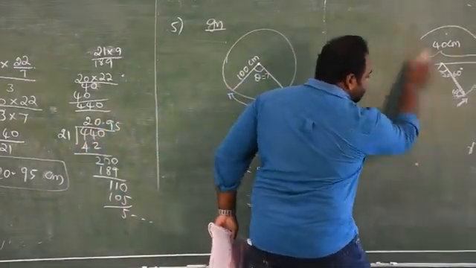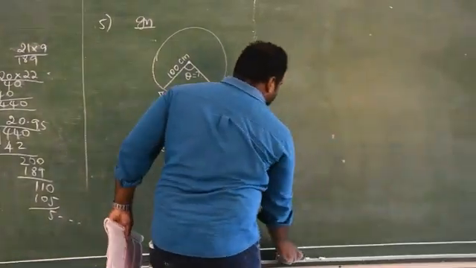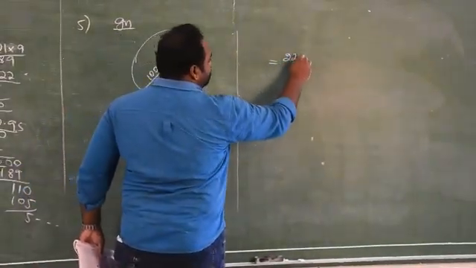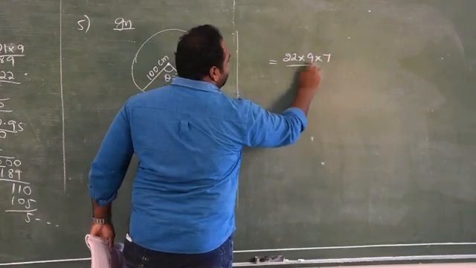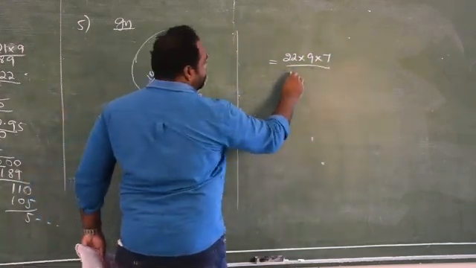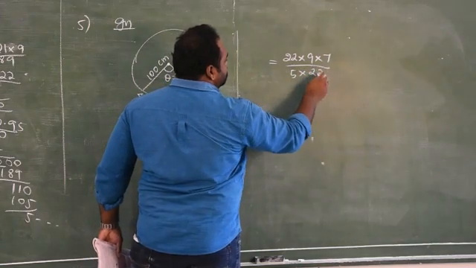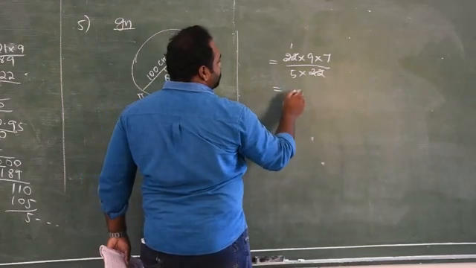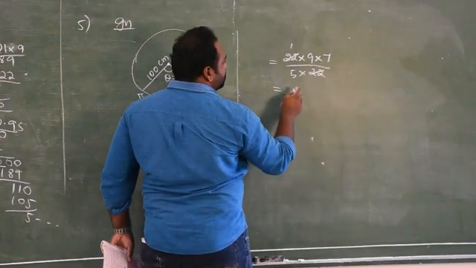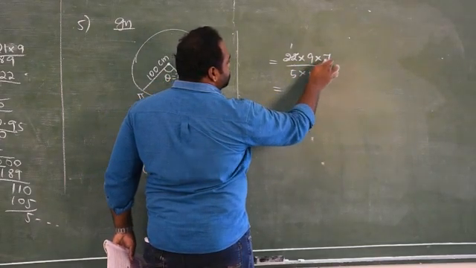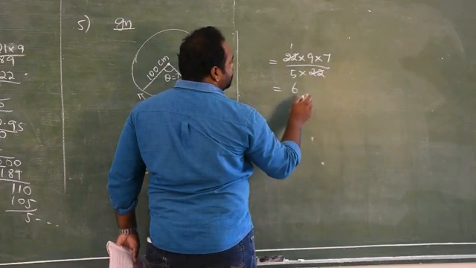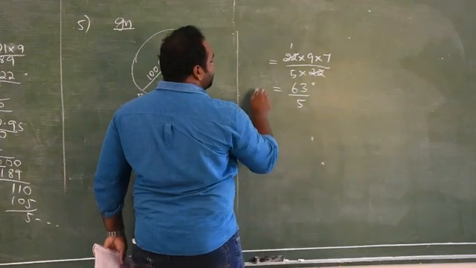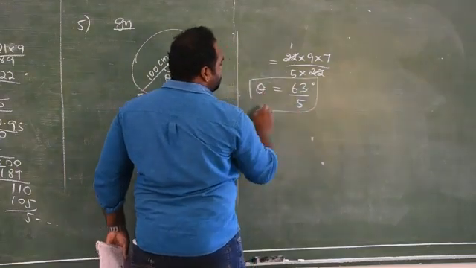It will be 22 into 9 into 7 by 5 into 22. Here we have a cancellation, and 22 cancels. This is 63 by 5 degree angle.